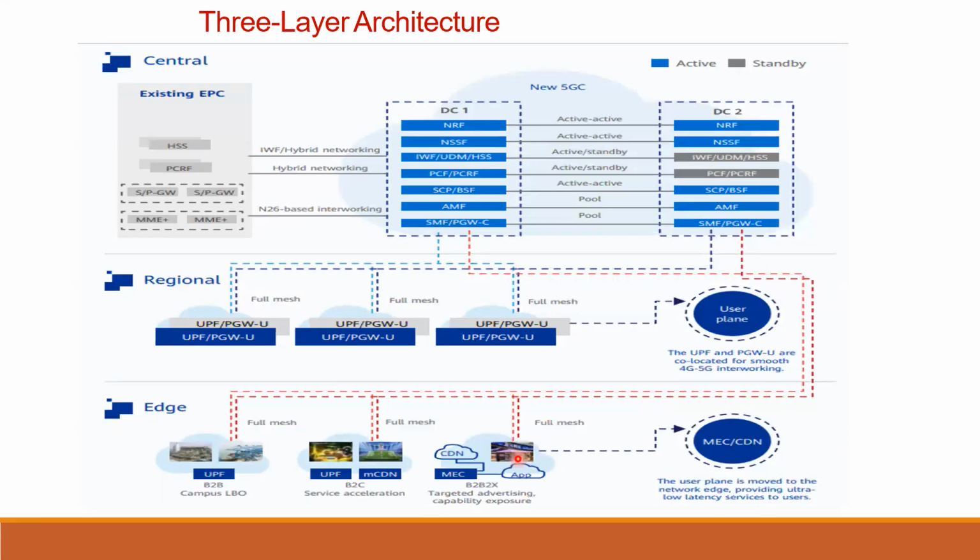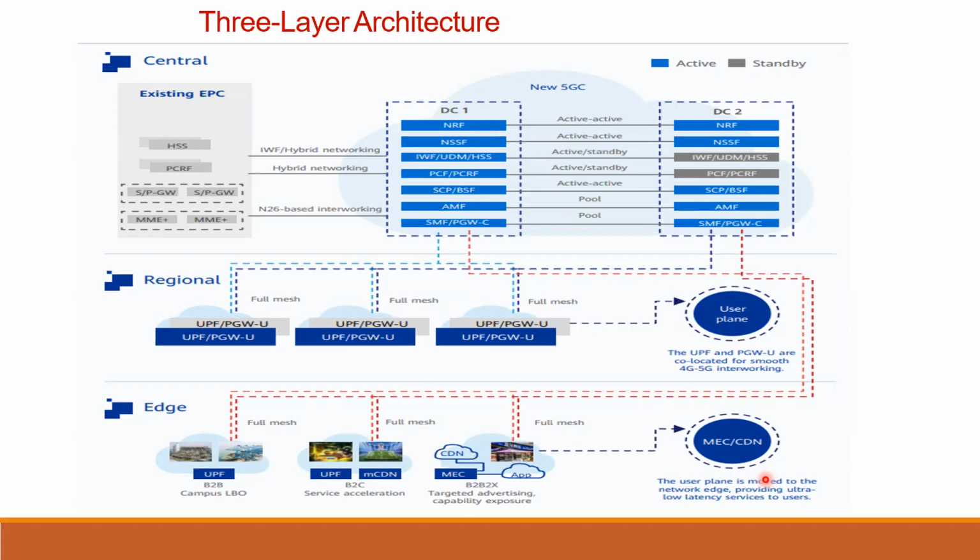Right. The next thing is the three-layered architecture. Whenever you are deploying a network in 5G, it is usually deployed in three layers. The first layer is your centralized layer. The centralized layer consists of those network elements which are centrally located. So in your existing EPC, you used to have your HSS and PCRF, SGW, PGW, and MME.